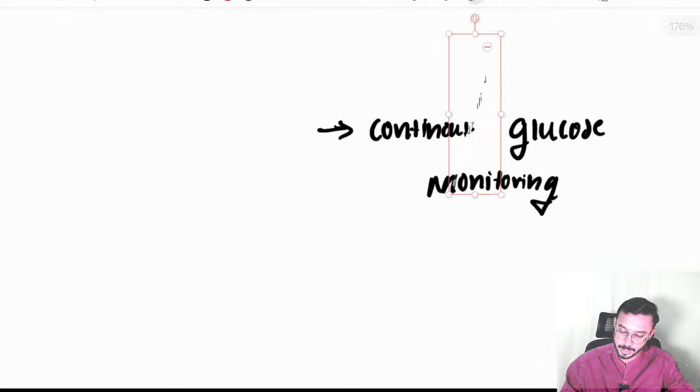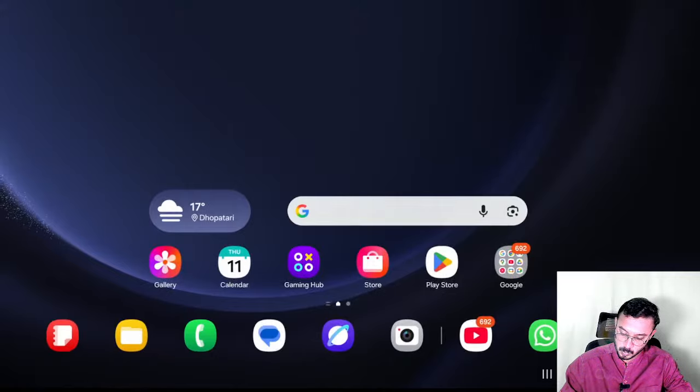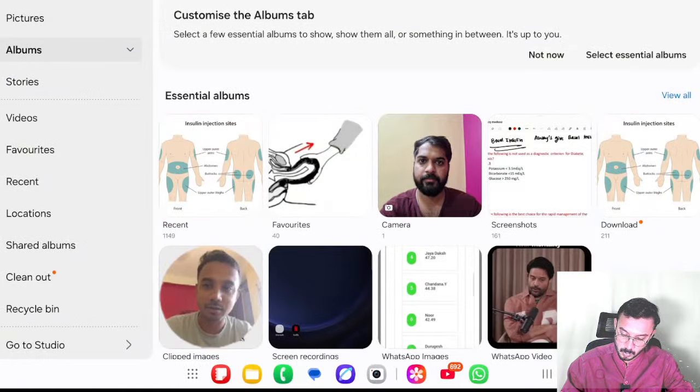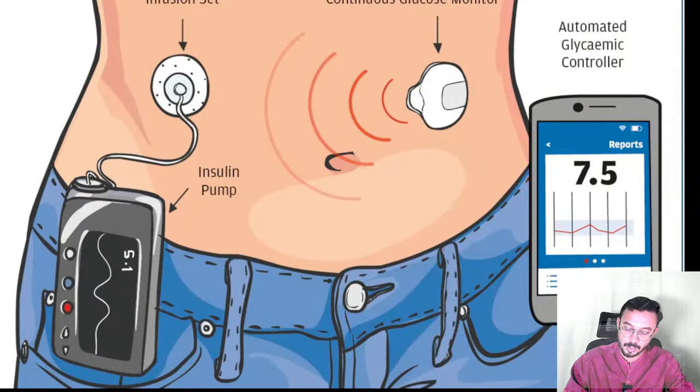Let me see the diagram. Okay, this is the diagram, which I have marked over here. This is completely an insulin pump.